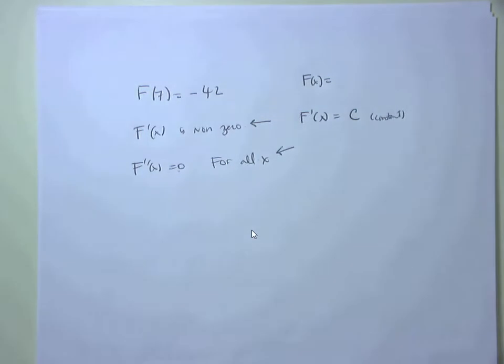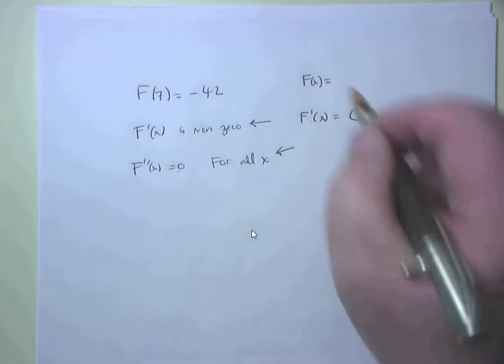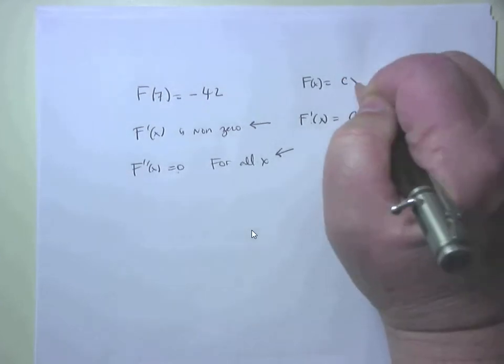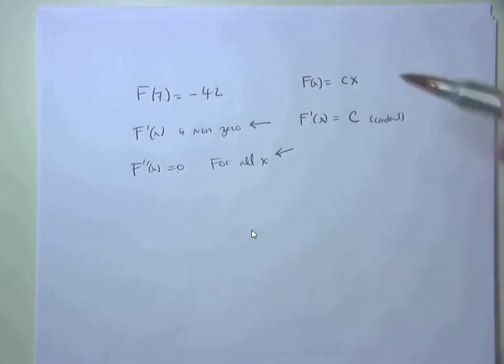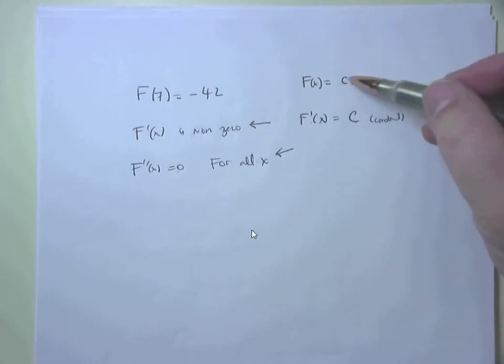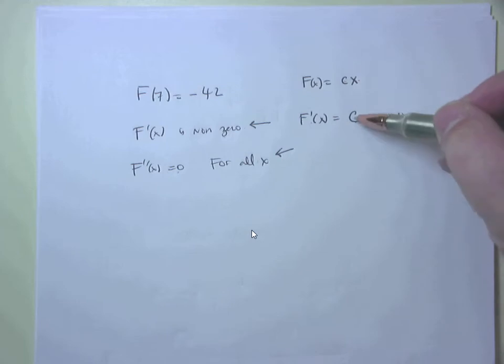What's the derivative of 5x? 5. What's the derivative of 17x? 17. So the derivative of a constant times x is always the constant. So if the derivative is the constant, the original function had to be the constant times x. Let's double check. I don't know what that constant is yet, but we'll get it. If you have the function constant times x, the derivative is going to be a constant.